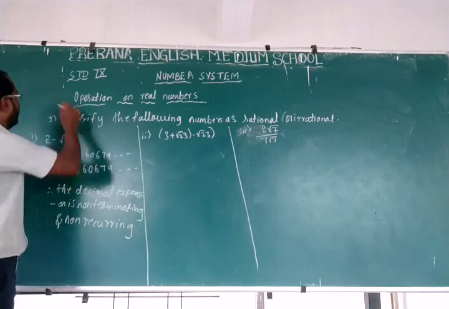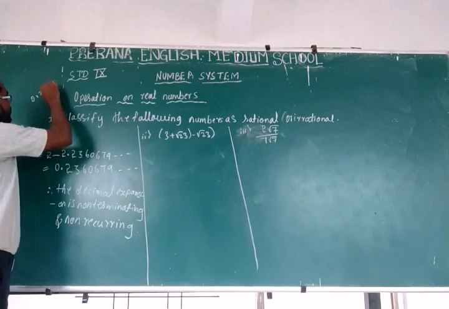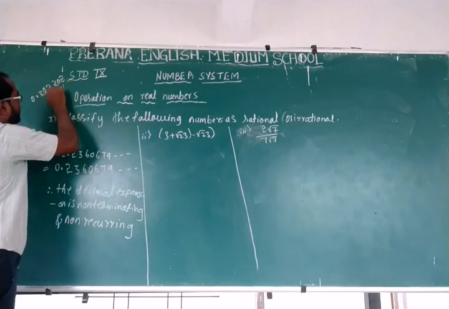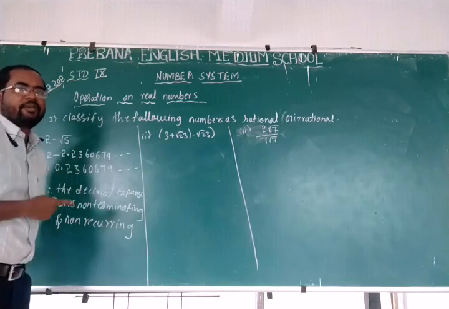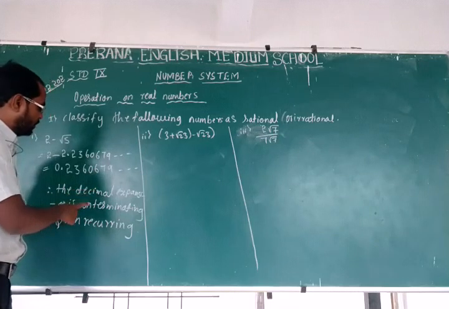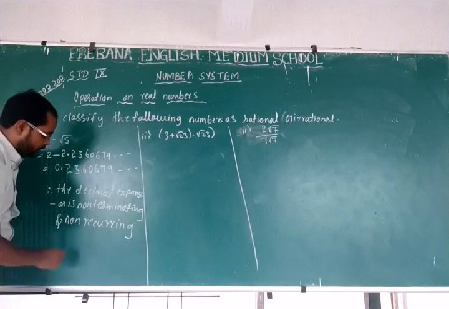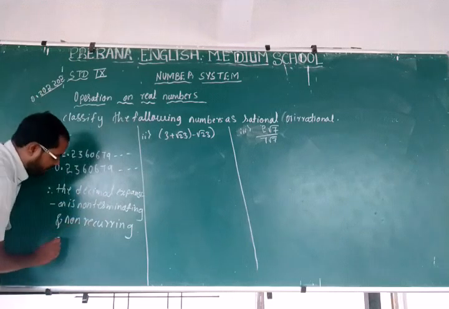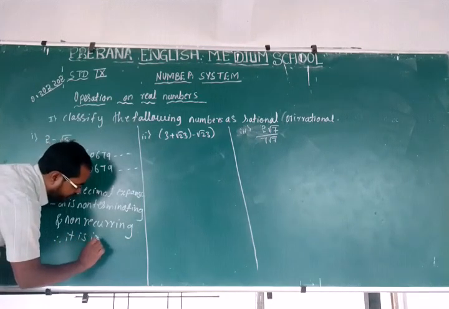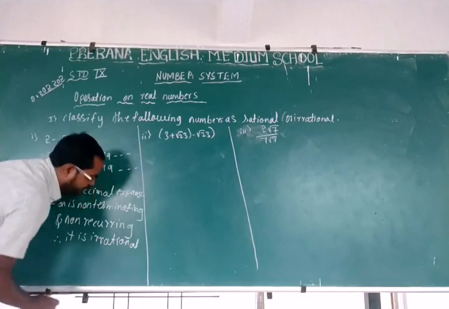For example, if it is 0.202202, this means the same pattern is repeating after every three digits, but here there is no such repetition. So we call it non-recurring. When it is non-terminating and non-recurring, therefore it is an irrational number.